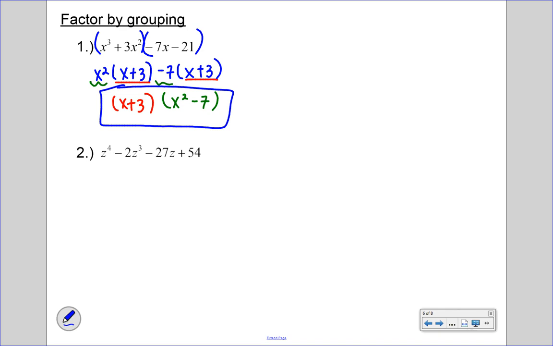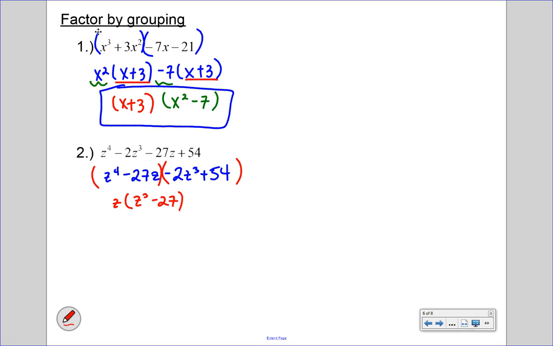So what I tried next is I wrote it as z to the fourth minus 27z minus 2z cubed plus 54. I rearranged it to see if that worked for me. And then I grouped these two and those two together. And then I factored out a z out of this one, so I got z cubed minus 27.